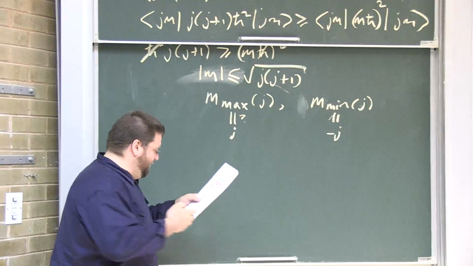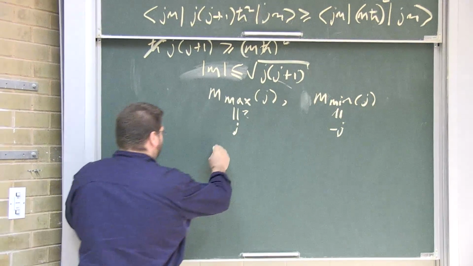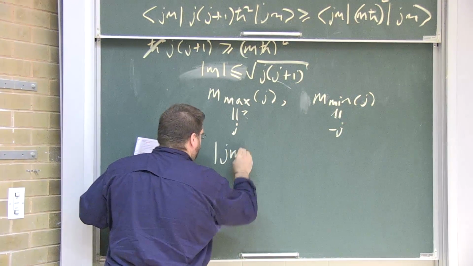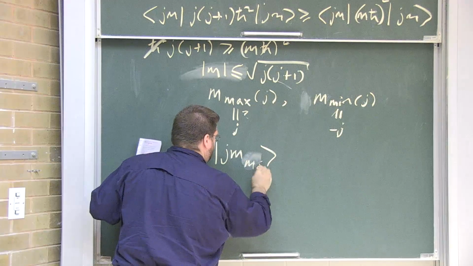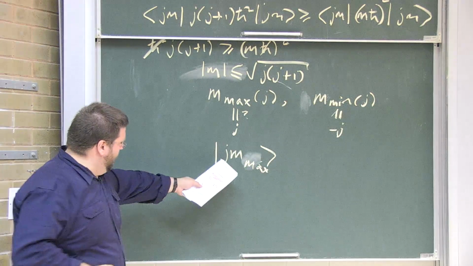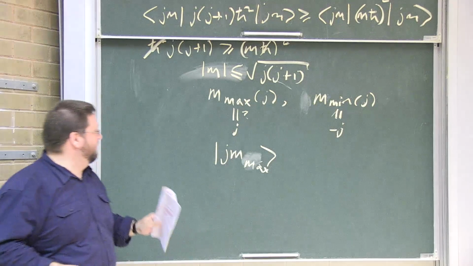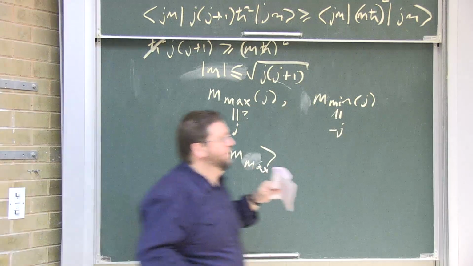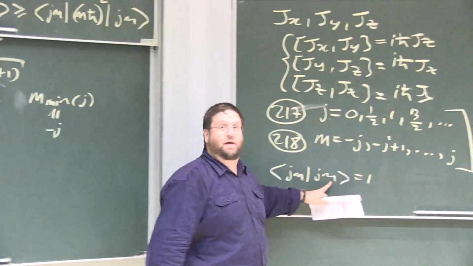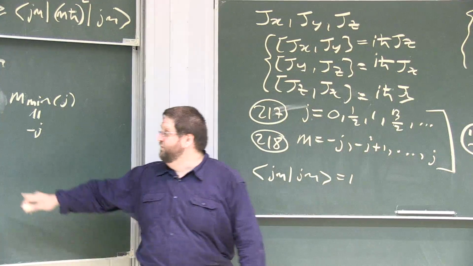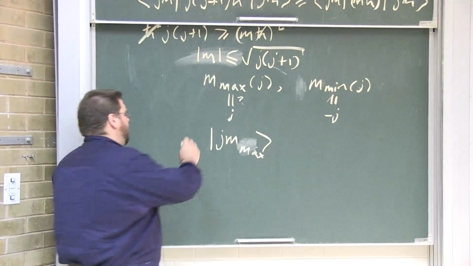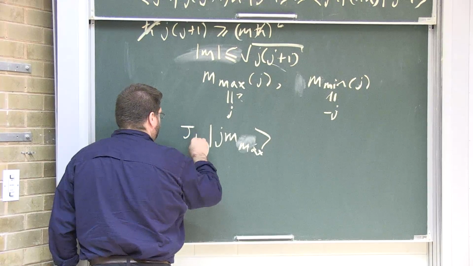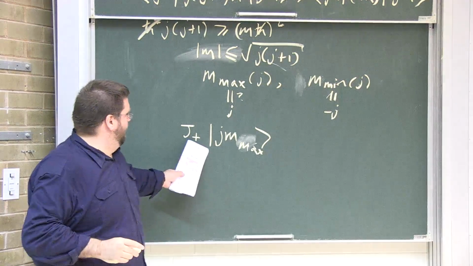So let me begin with a very emotive sounding statement. I'm going to construct this object. It's not any old generalised spherical harmonic. It's a generalised spherical harmonic jm, whose m value happens to be the maximum. So j m max. I now want to apply the raising operator, J plus.